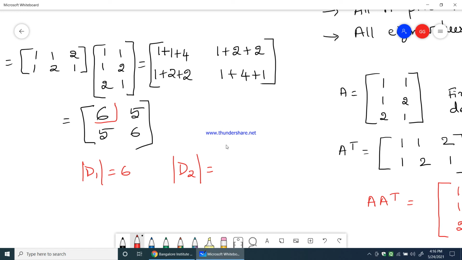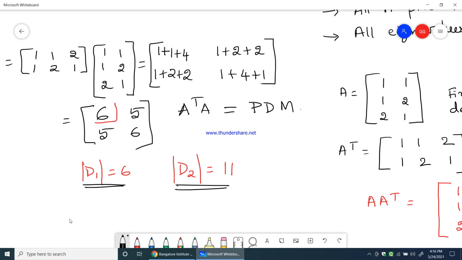Therefore, D1 is 6. D2 is 36 minus 25, which is 11. Okay. So as we see, both the upper determinants are positive. This A transpose into A is a positive definite matrix.